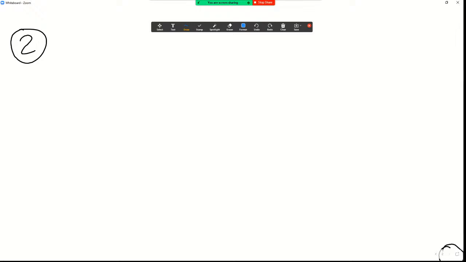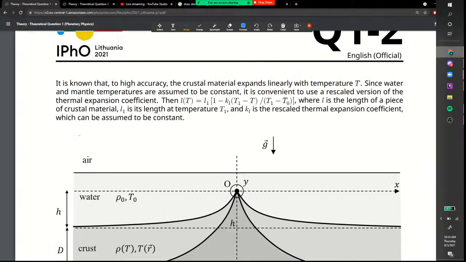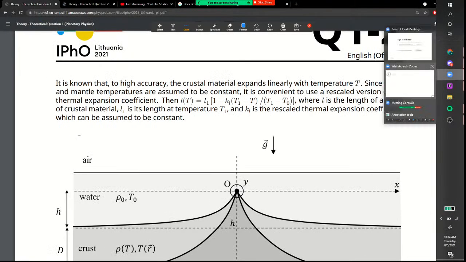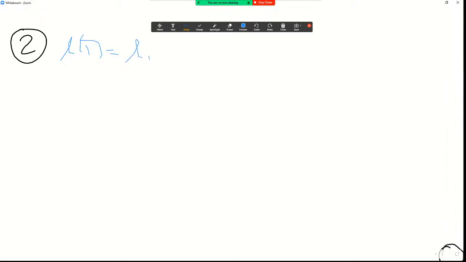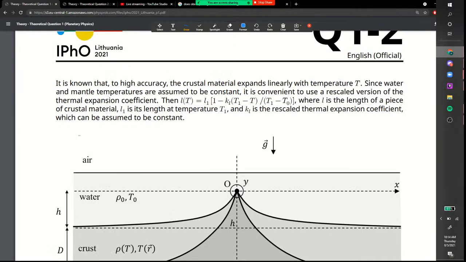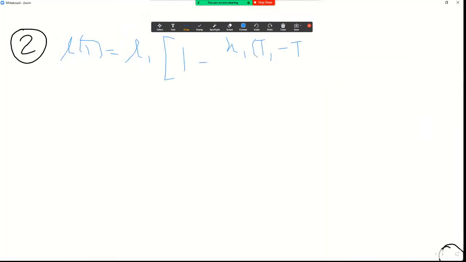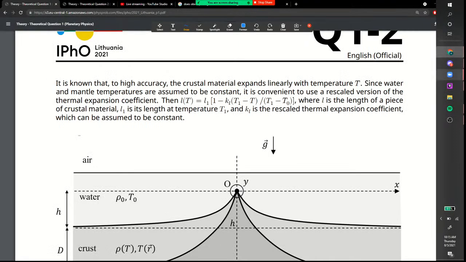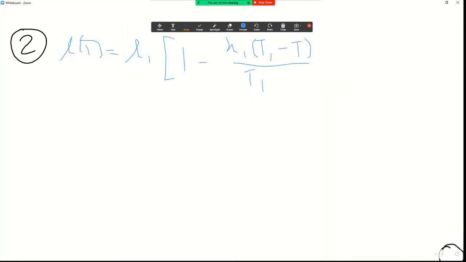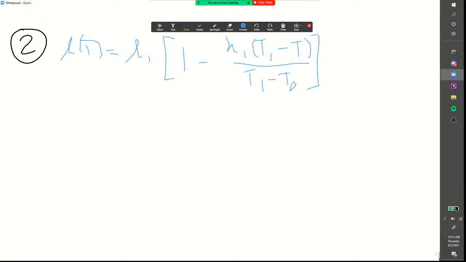So L of T is equal to L1 times 1 plus... Okay, that's kind of big, but it's fine.